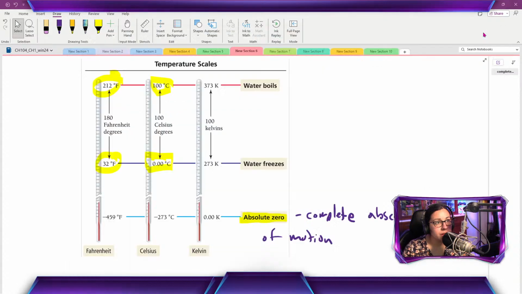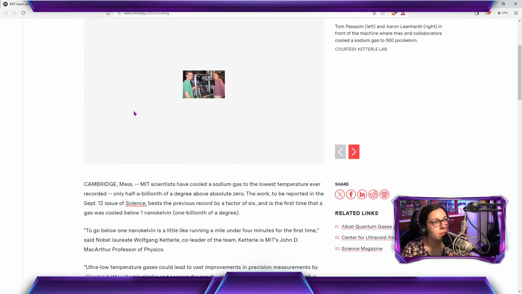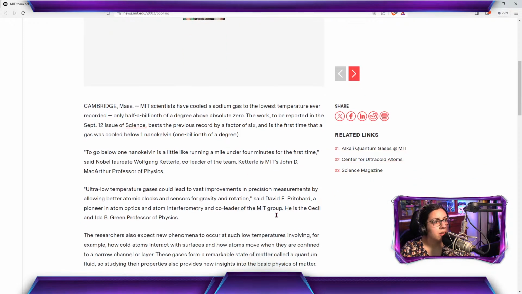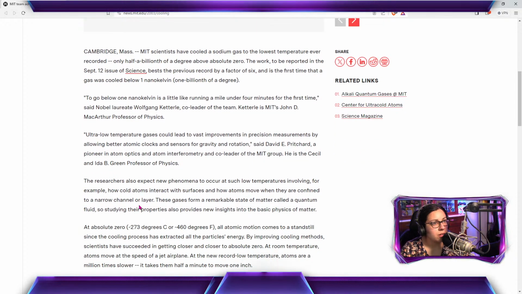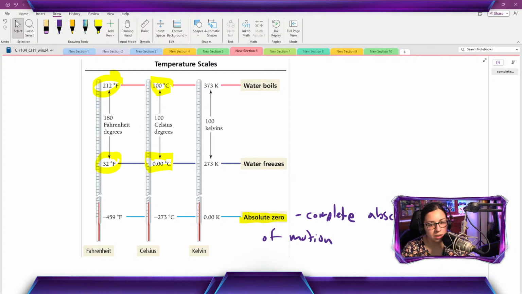I guess I was thinking about this research, but now it's relatively old, at 2003, where they were half a billionth degree above absolute zero. So we'd have to look to see where the field stands currently today. I'll post that one in the chat for y'all so you can look into it if you're interested.